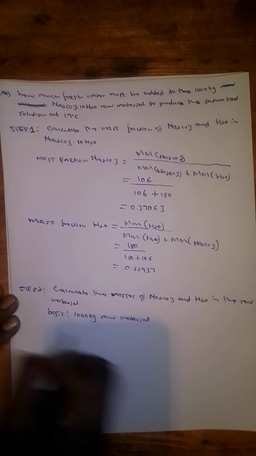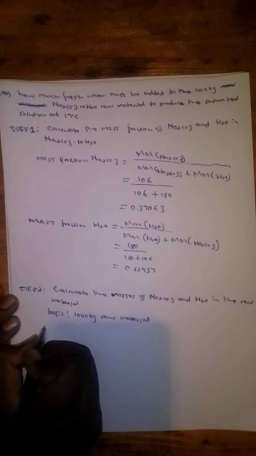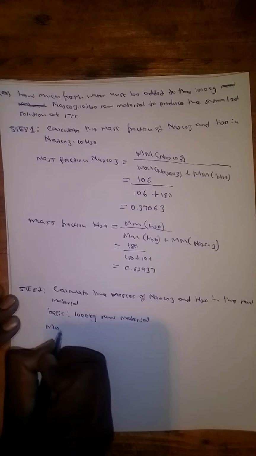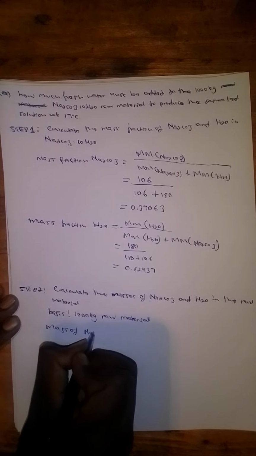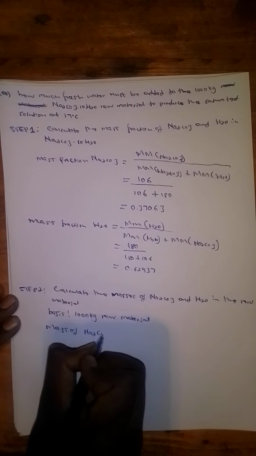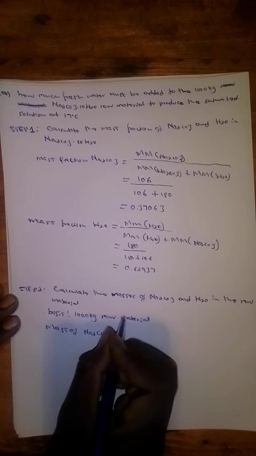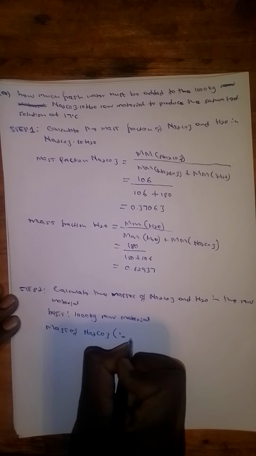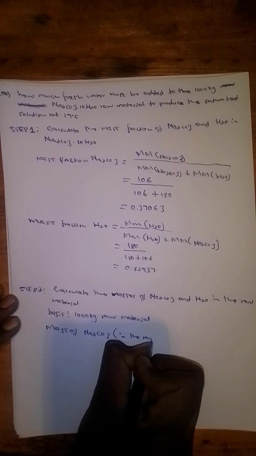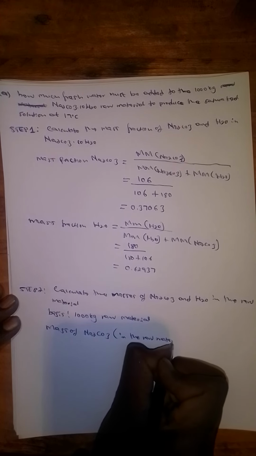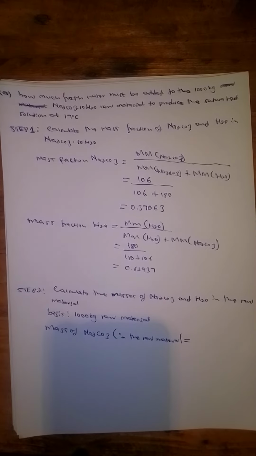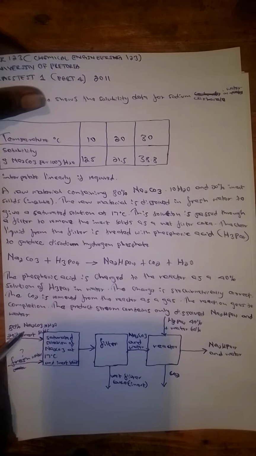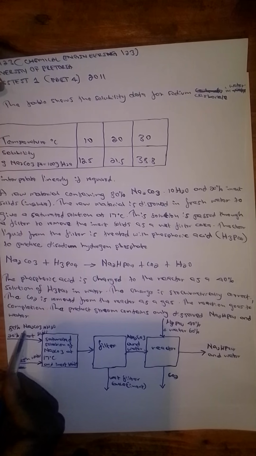Now with that said, out of the 1000 kilograms of raw material, we can say the mass of Na2CO3, let me just write here, in the raw material, is equal to, remember the raw material is 1000 kilograms, and we are told that this compound Na2CO3 is 80% of it.